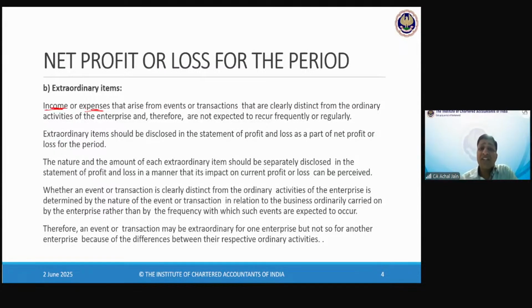But such events or transactions which generate such income or expense are clearly distinct. Now, please remember, they are clearly distinct from the ordinary activities. Number one. So what is the first criteria? They are not arising from the ordinary activities, and they are also not recurring in nature. So they are not expected to recur frequently or regularly.